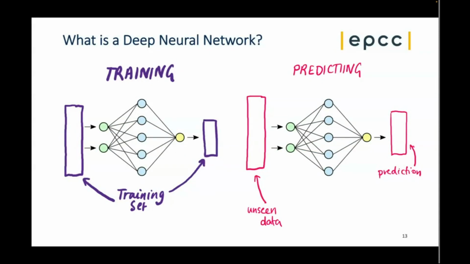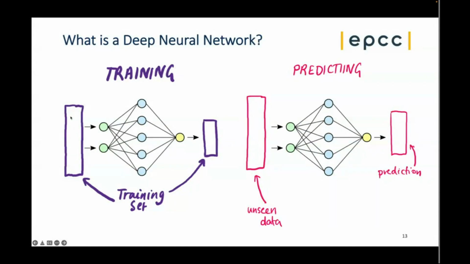So the two most important things that we want to understand about how neural networks work are the training and the predicting. How do we build our model? Then how do we use it to make a prediction? When we train, just like in the cases we had yesterday, we have labeled data. We had a certain part of our data set with inputs and known outputs that we're going to use to train our model.